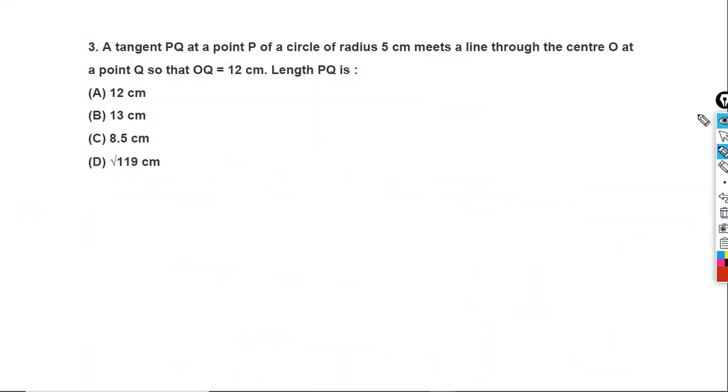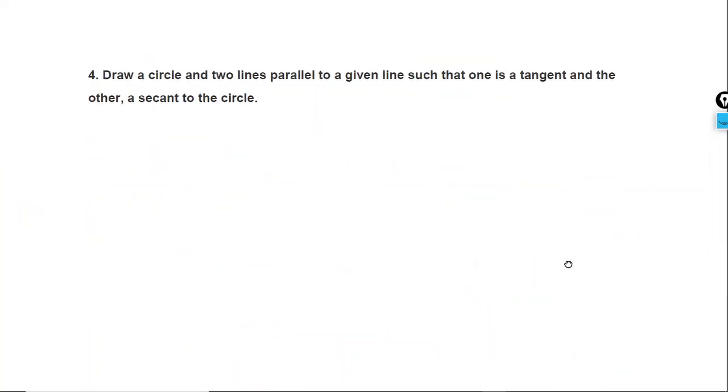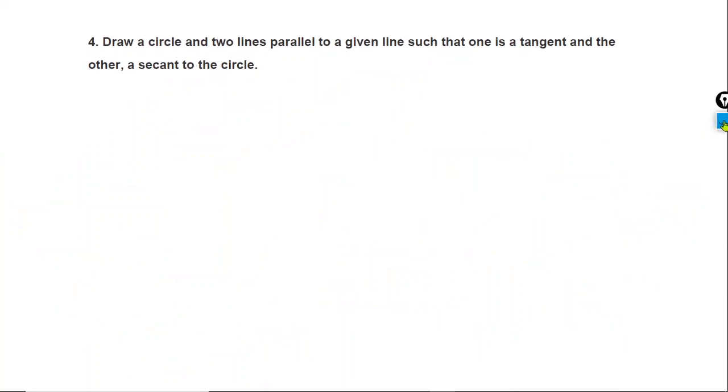Now we will move to question number 4. This is the last question.